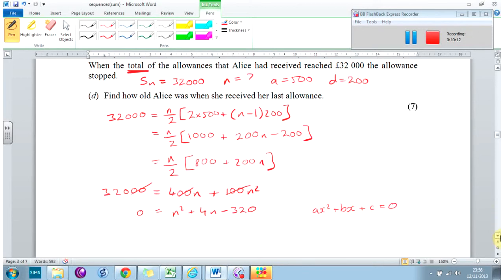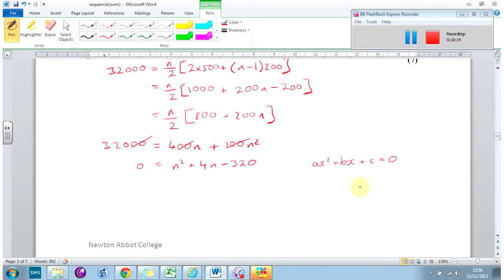And be on the lookout for that, because that is a standard piece of, well, at core 1, but indeed A-level, it'll turn up all over the place. So we're going to solve that, preferably by factorising. And does it factorise? Let's have a little brief think about that.